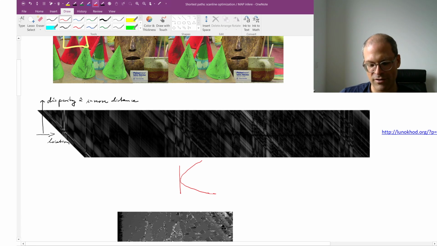So the bigger the disparity difference between one column and the next, the bigger my penalty. The problem is, if I use a parabola, it will over-smooth. So other choices are that people say, all right, let's use a parabola for small disparity differences, and for larger differences, we just demand a fixed fee.